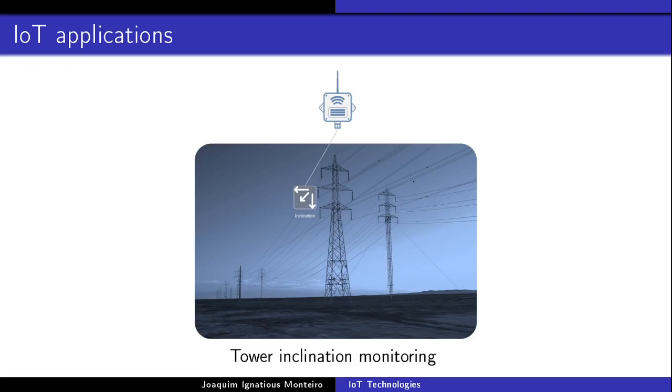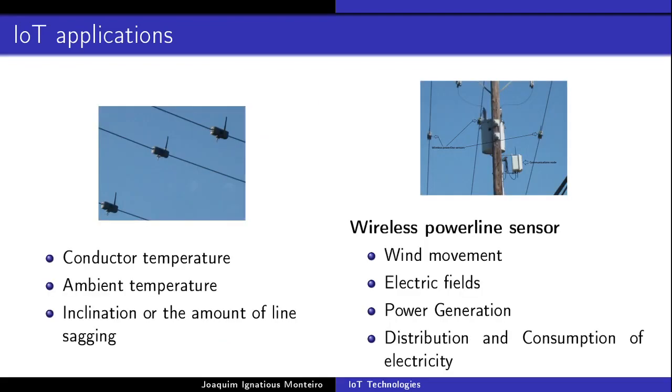Now, coming to more of the electrical side, you could use IoT for some aspects like this, the tower inclination. You could put up sensors on top of that. In fact, there are uses, say wireless power line sensors. They could monitor various aspects. So you have sensors here, and then there is a controller, a communication hub.